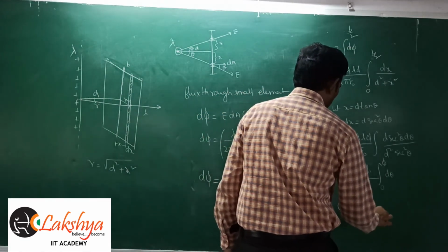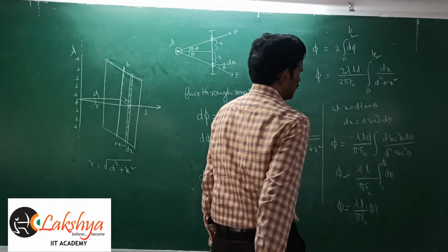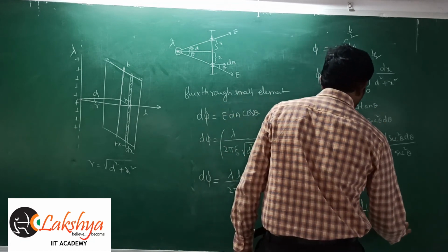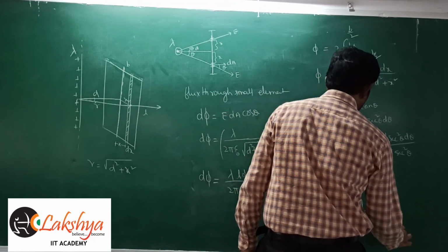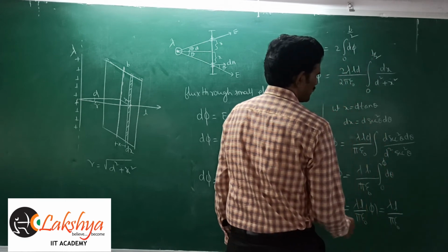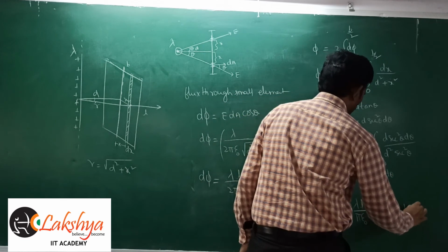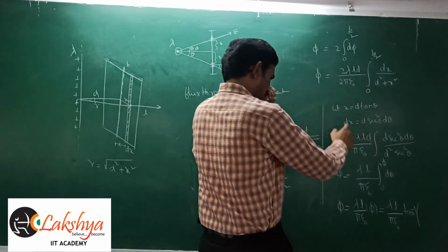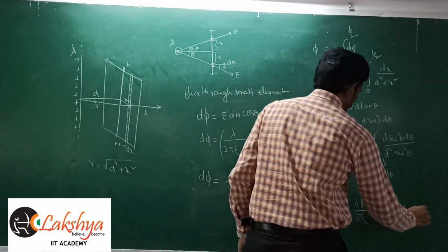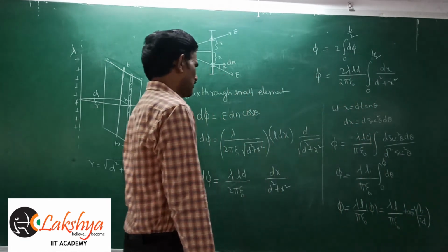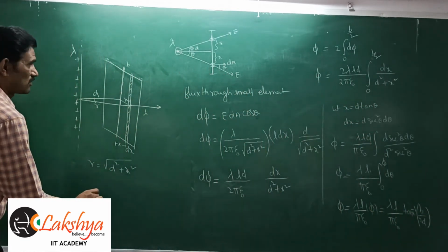That phi value we can write by using this equation here. So directly I am substituting there. So lambda L by pi epsilon naught into that expression, we can write that value as tan inverse of x, which is nothing but b by 2, so b by 2d you will get. So finally I am writing that expression here.